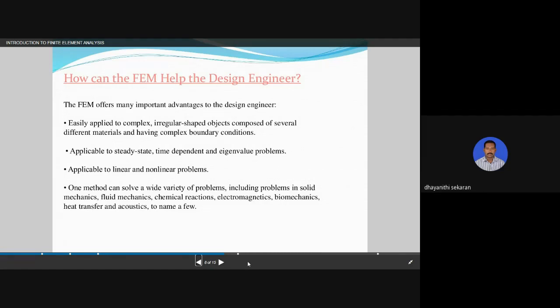We already discussed eigenvalues and eigenvectors, and all of you know them very well because we studied them in linear algebra. It is applicable to linear and nonlinear problems. One method can solve a wide variety of problems, including solid mechanics, fluid mechanics, chemical reactions, electromagnetics, biomechanics, heat transfer, and acoustics, to name a few.